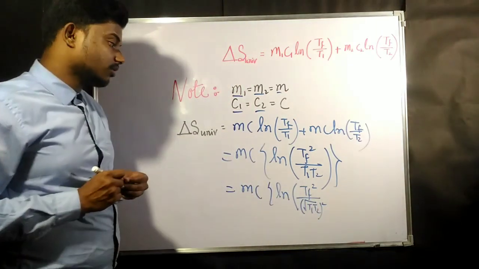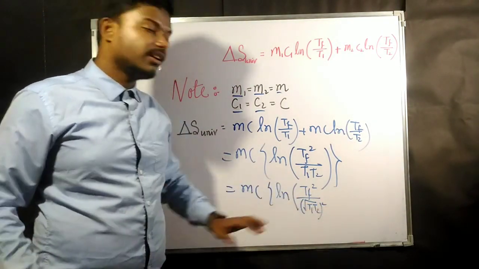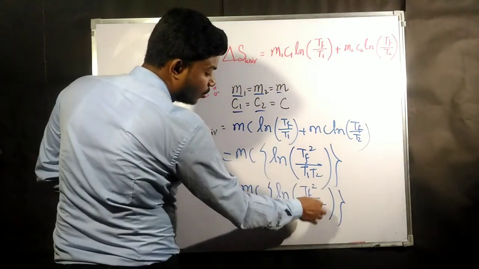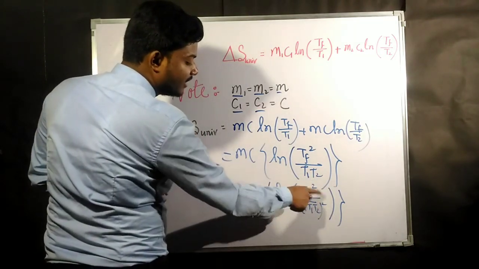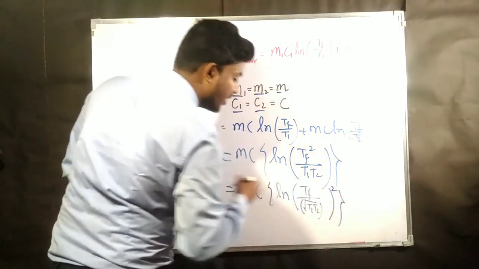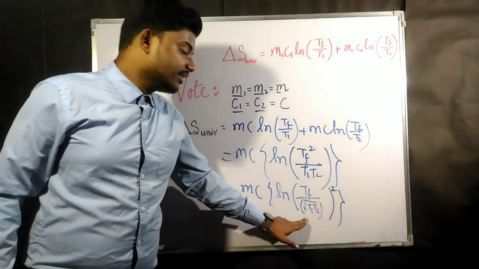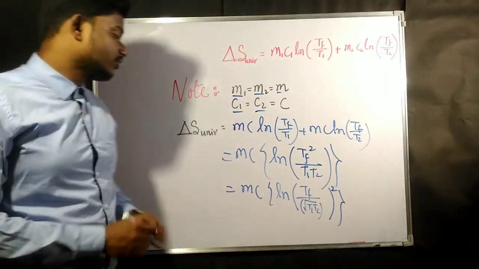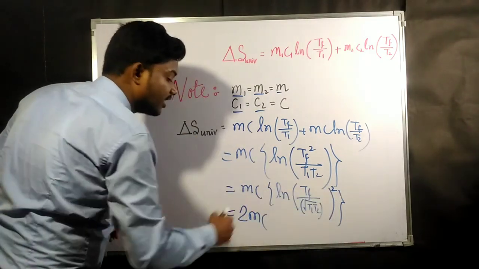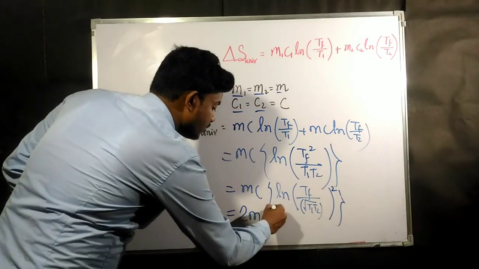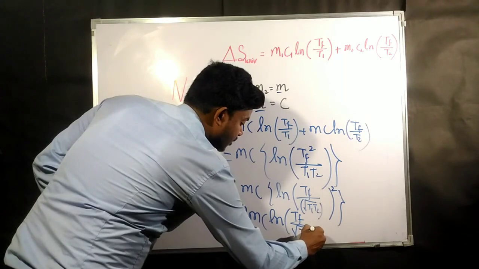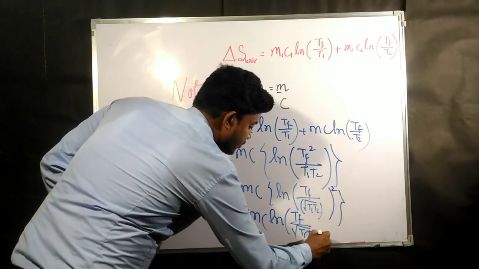I am writing it like this so that we can get a whole square: Tf by root over T1 T2, whole square. Then the 2 comes out in front, so it is 2 into m c of ln Tf by root over T1 T2.